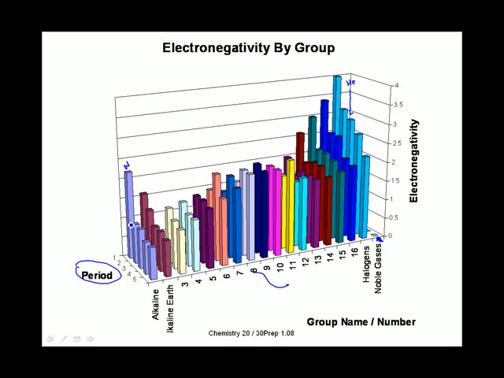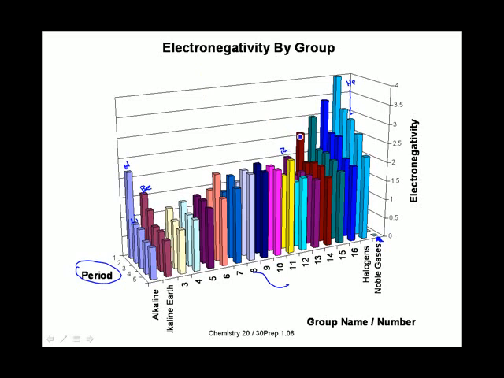Right here we have lithium, beryllium, and then we jump across to boron. Looks like boron's in group 13.